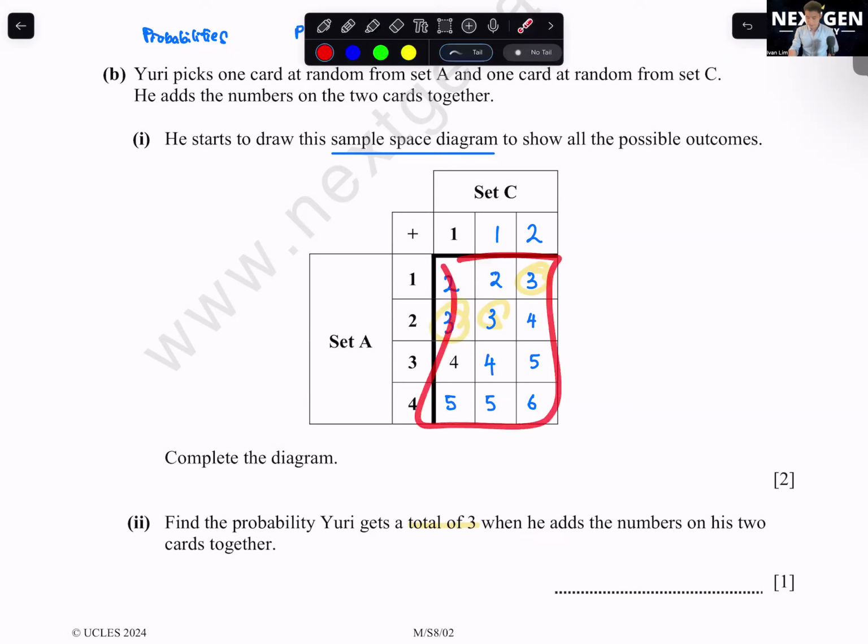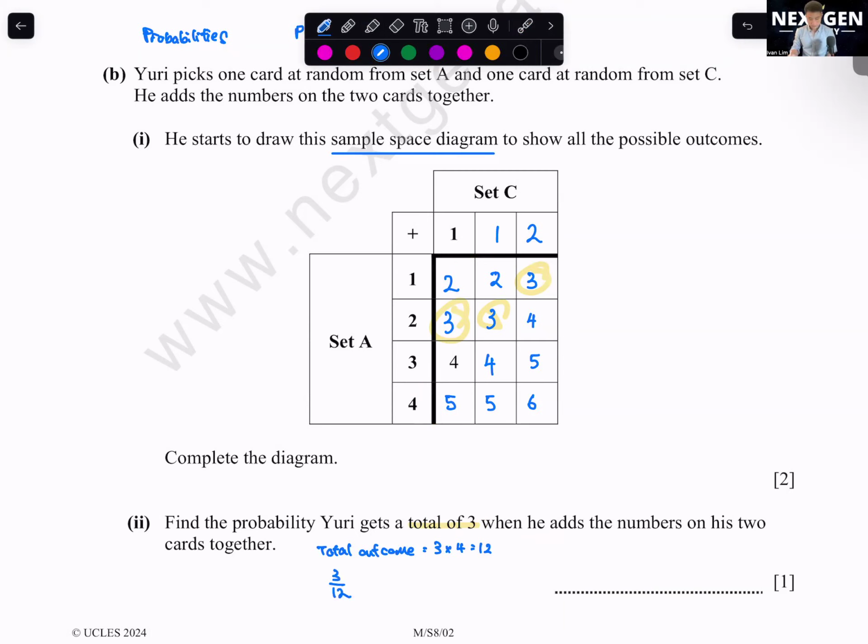So how many numbers are there here? We can just take 3 multiplied by 4. So the total outcome is 3 by 4, which is equal to 12. So out of the 12, 3 over 12.